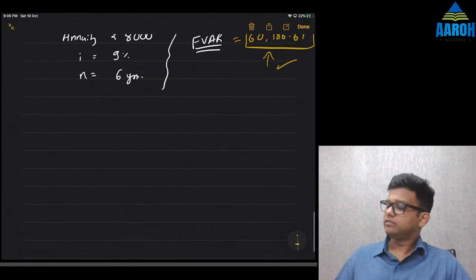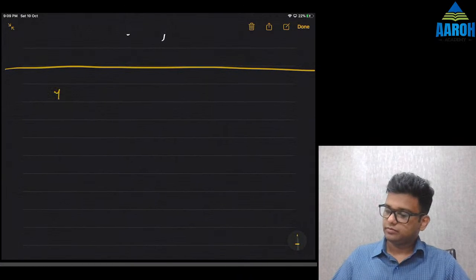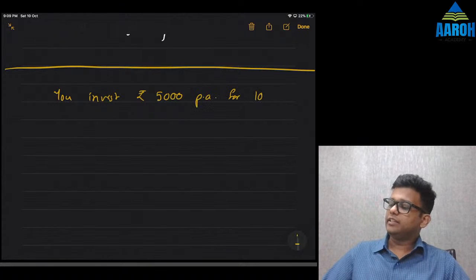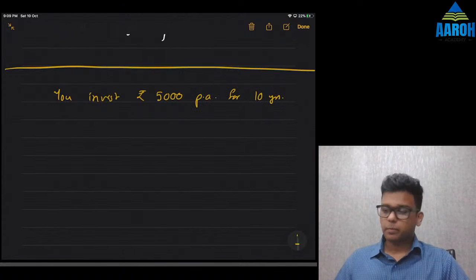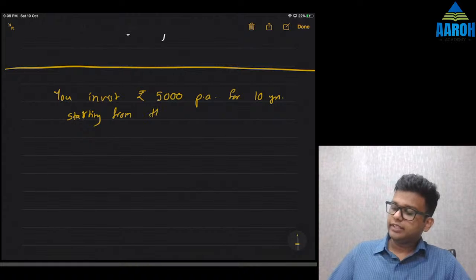If yes, let's try one more. Let's say a question like this. You invest rupees 5,000 per annum for 10 years, starting from this year end.